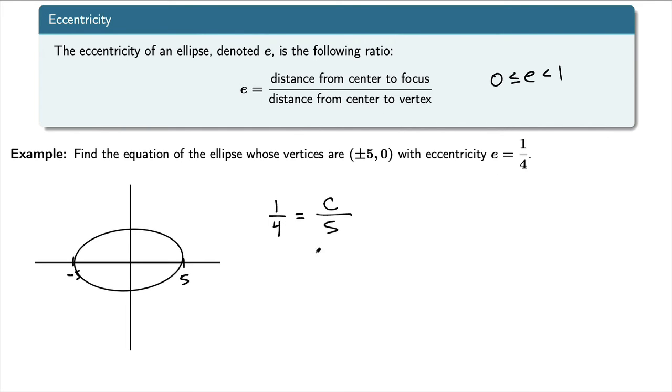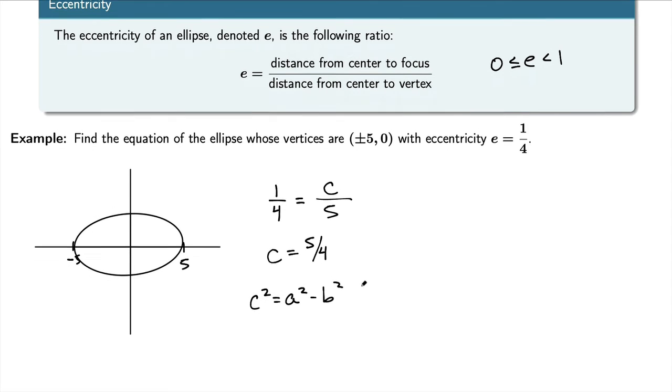So now we can multiply both sides by 5, and that tells us C is equal to 5/4. Now that we know C, we can get B for the ellipse. So we have C squared equals A squared minus B squared.